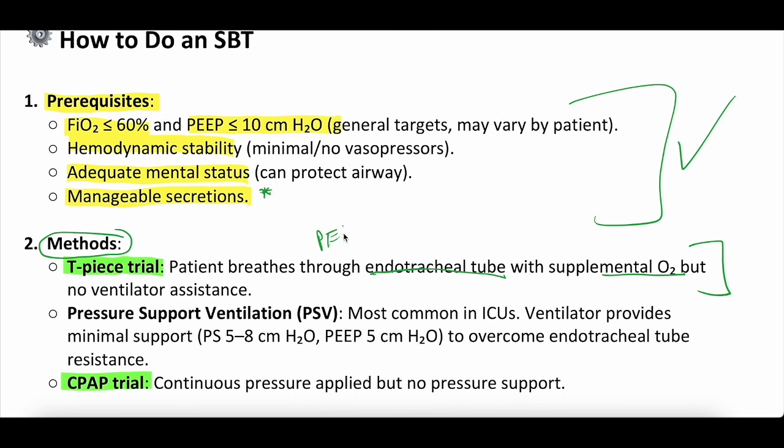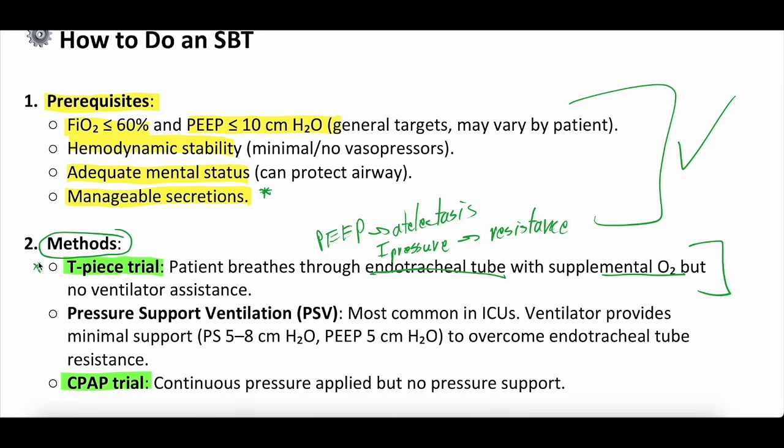So they don't have any PEEP, which means they can get alveolar collapse and atelectasis. Right? You don't have any inspiratory pressure. That inspiratory pressure, the pressure that is delivered during a breath, kind of gets over the resistance of the endotracheal tube. Try just breathing through a straw. That's hard, right? Now imagine being on a ventilator, being taken off that ventilator and being asked to breathe through that straw. So T-piece trials are not mainstream anymore, and for good reason, which we'll talk about.